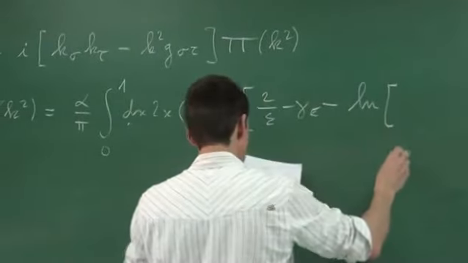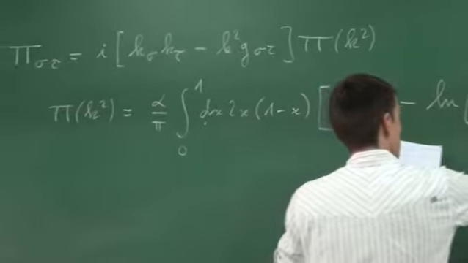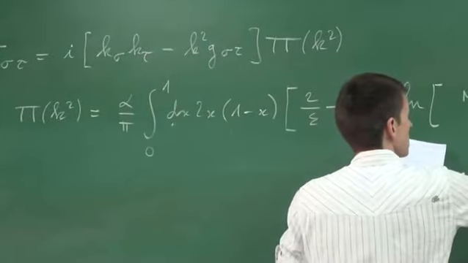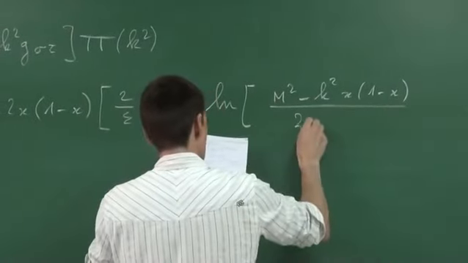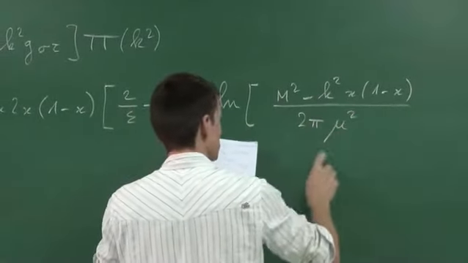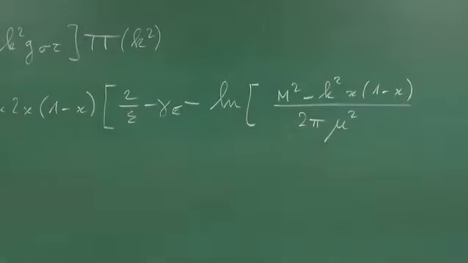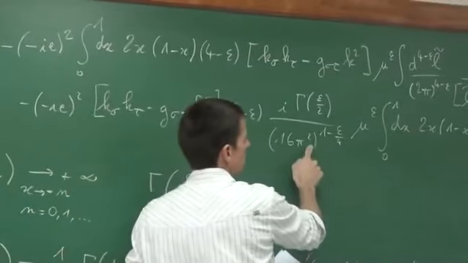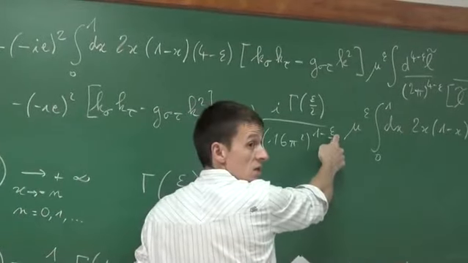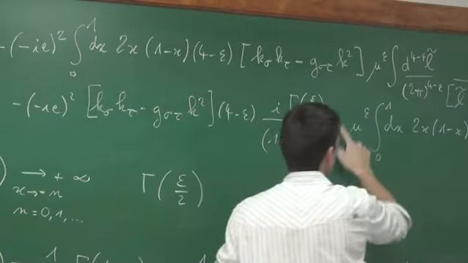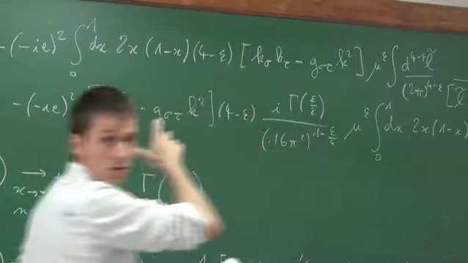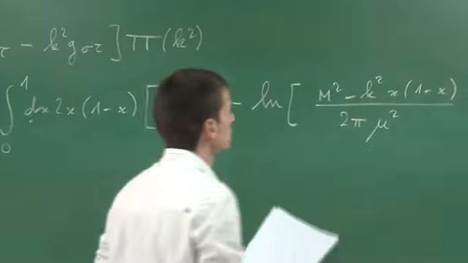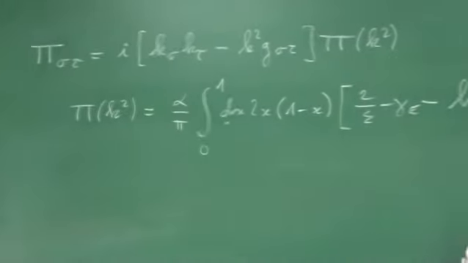The log is given as m squared minus p squared x times 1 minus x divided by 2 pi mu squared. And these terms come from this one of pi when you expand in epsilon, and this one we add in the beginning to avoid that the logarithm has dimension of mass. It's mass dimension.